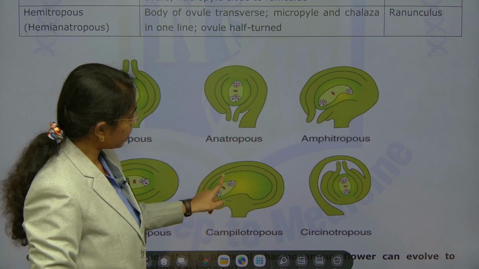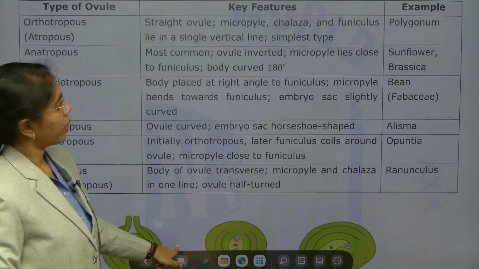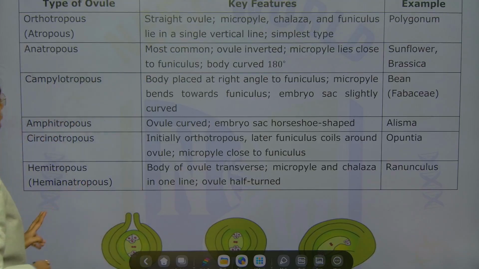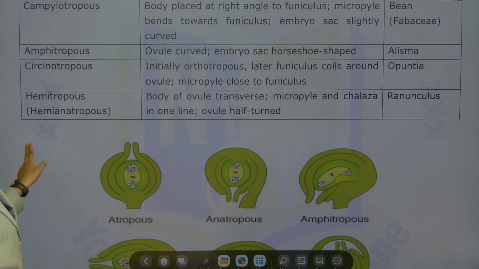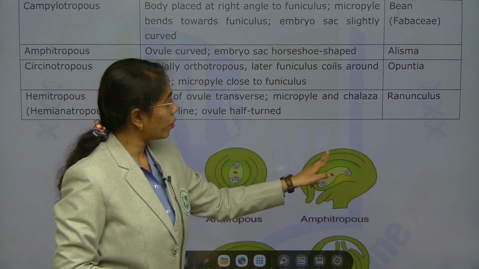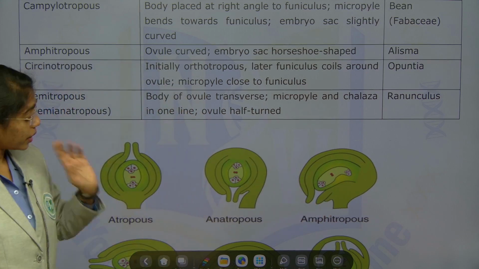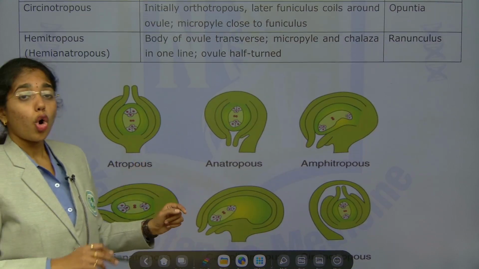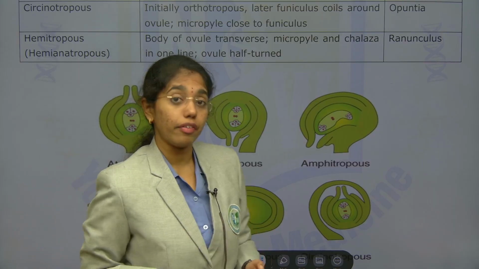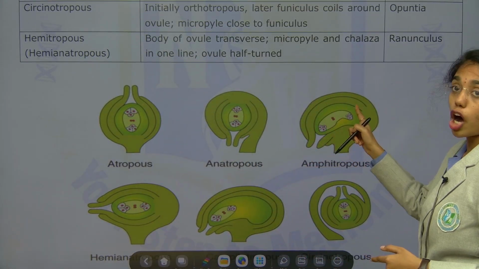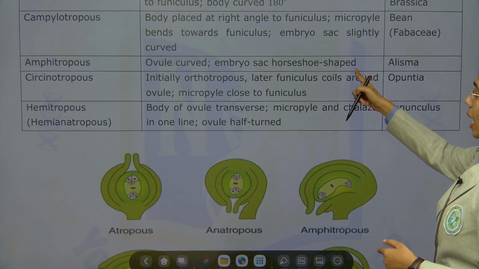The example you can take is Fabaceae. Next is amphitropous, where the ovule is completely curved and the embryo sac is horseshoe shaped. In campylotropous the embryo sac is slightly curved, whereas in amphitropous the embryo sac is curved to horseshoe shape.